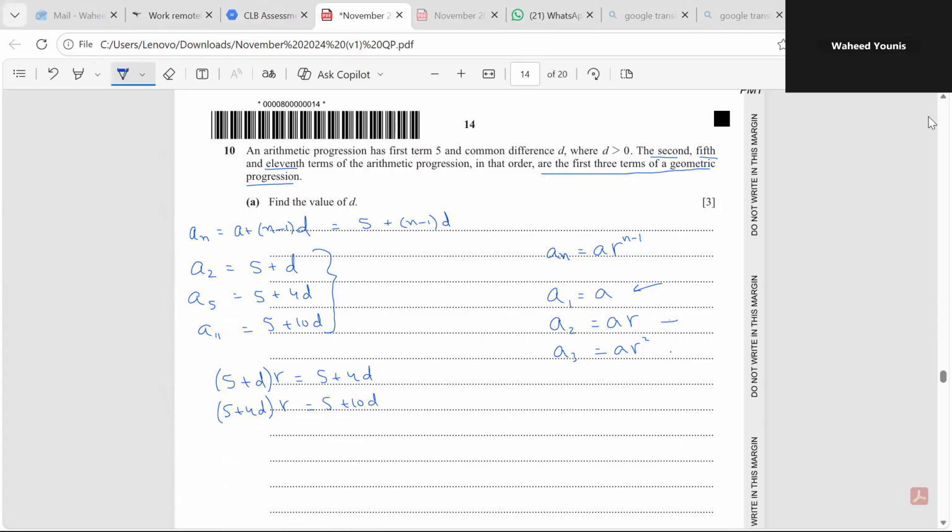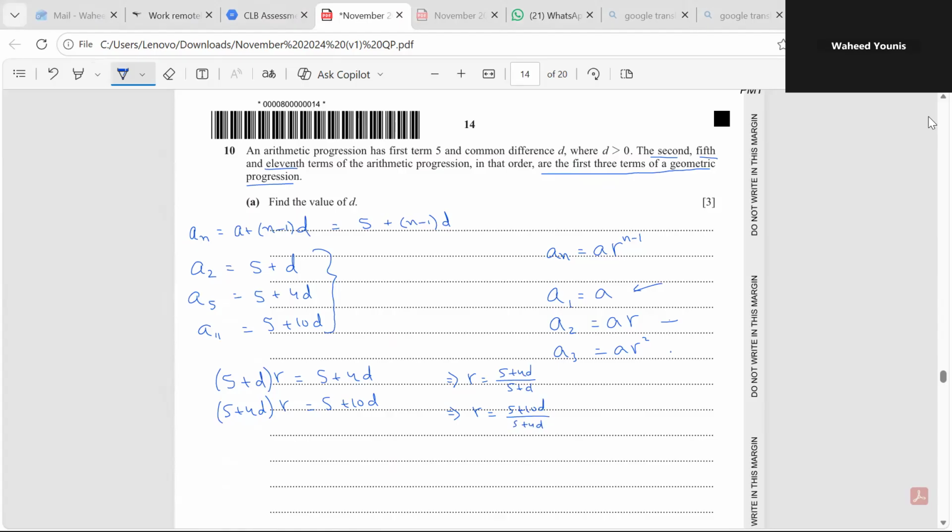Since these three numbers are the first three terms of a geometric progression, the common ratio must be the same. The common ratio between the first two terms is r equal to 5 plus 4d over 5 plus d, and between the next two terms, r is equal to 5 plus 10d over 5 plus 4d.